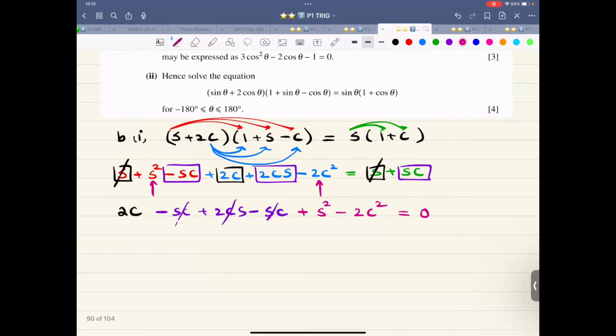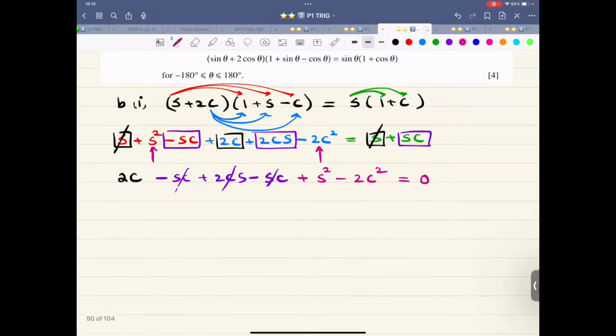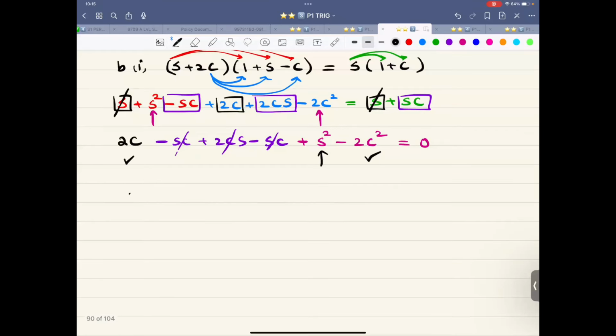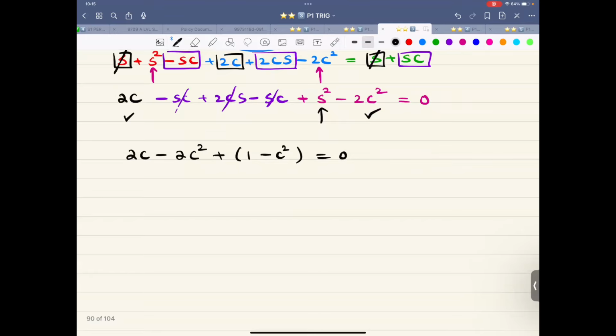So now they want an equation completely in terms of cos. This is all good. This needs to be changed. 2c minus 2c square plus s square will be written as 1 minus c square is equal to 0.